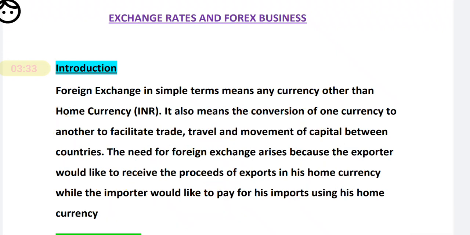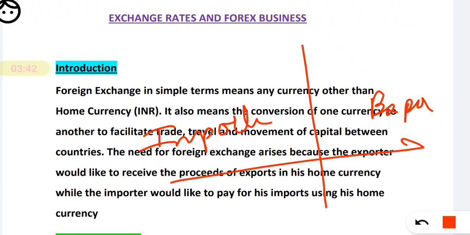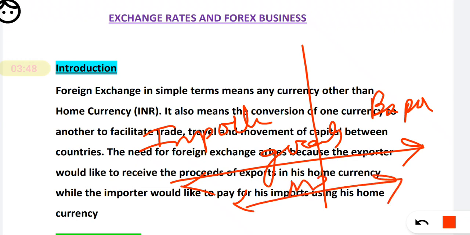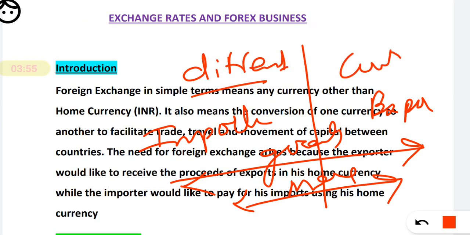So basically, when there is an importer and there is an exporter, when they exchange the goods, in return they have to give the money. Because they are in different countries, we have to exchange the currencies.